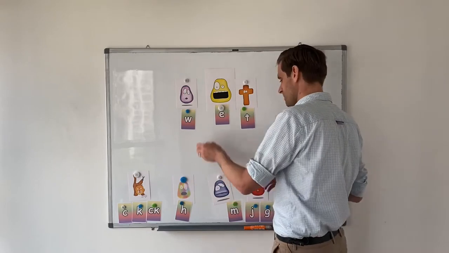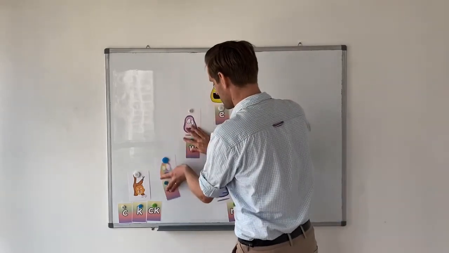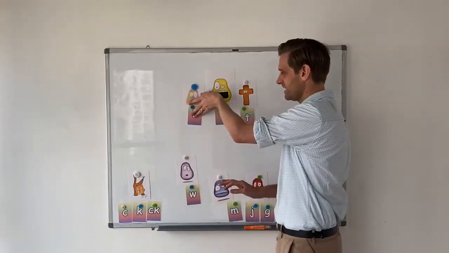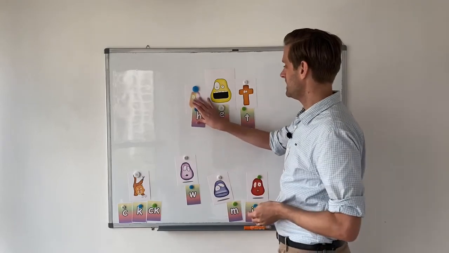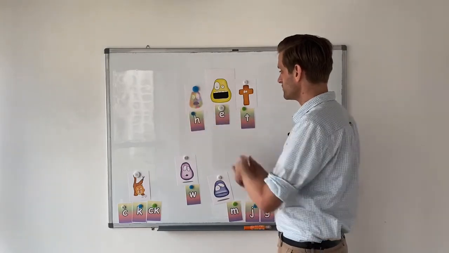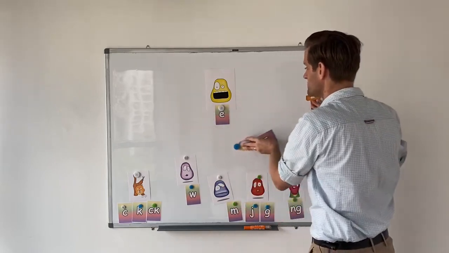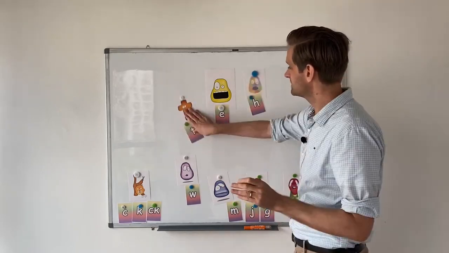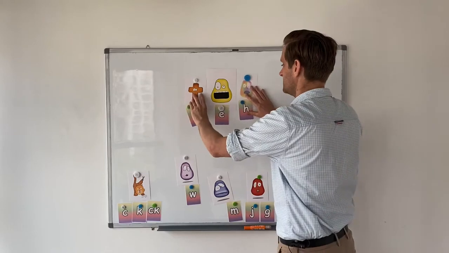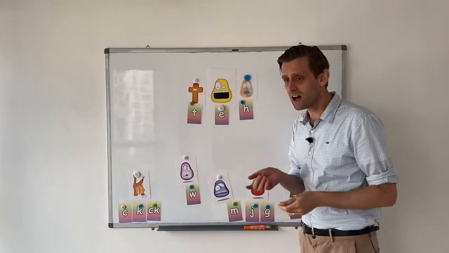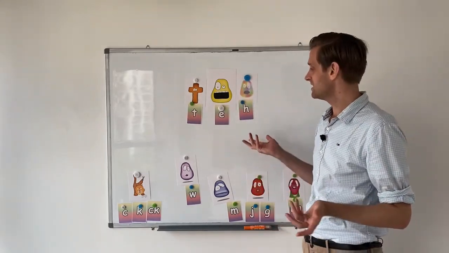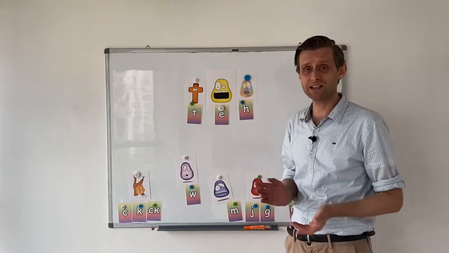So okay, maybe then we swap it out and we bring in H, and our student reads this just fine. We've got het, and then we swap them around. "Te." Okay, we can kind of blend it, but it doesn't really fit very well.